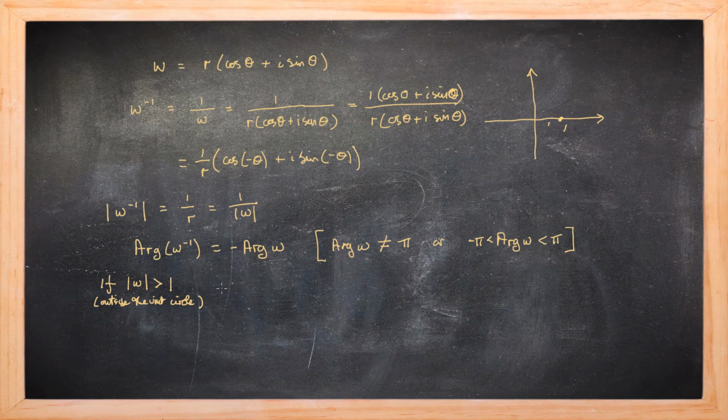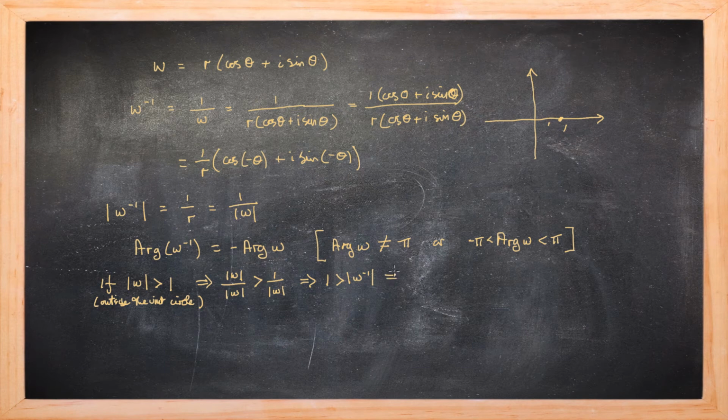So in this case, our argument would go that if that's true, then let's divide both sides by the modulus of w. Now it's a positive number greater than 1, so that inequality will still hold when we divide by a positive number. And therefore we get the statement that 1 is greater than, and we know 1 over the modulus of w is the same as the modulus of the reciprocal of w. That's the result we've got up here.